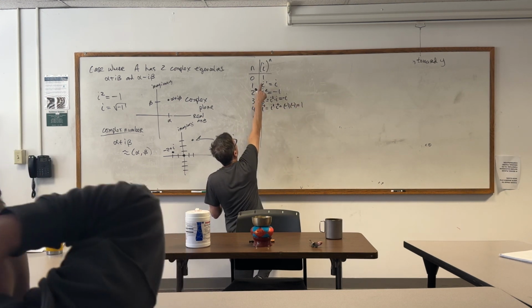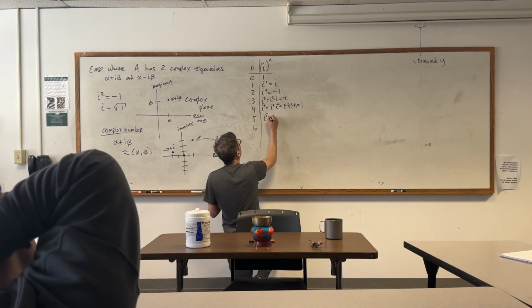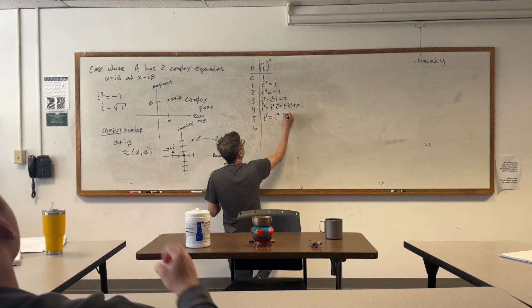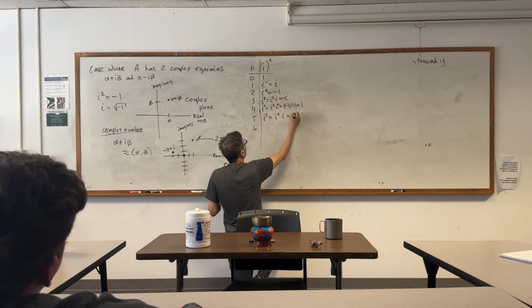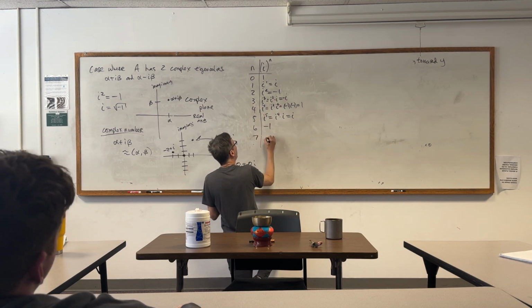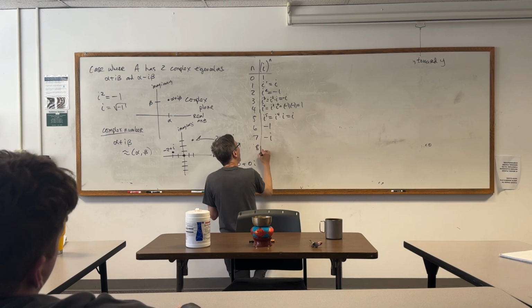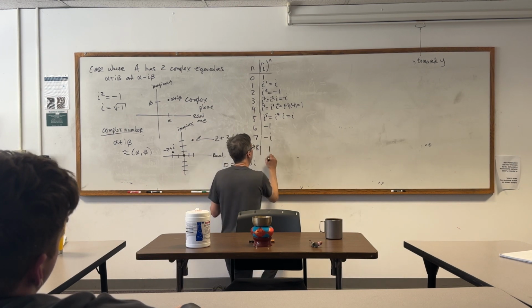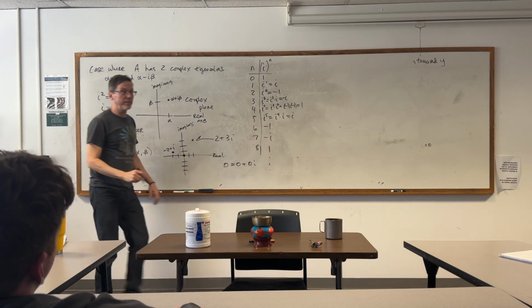And now I'm back to there. And i to the 5th is i to the 4th times i, so we're back to i. And then we go to -1. And i to the 7th is -i, and i to the 8th is 1 again. And this keeps on rolling.